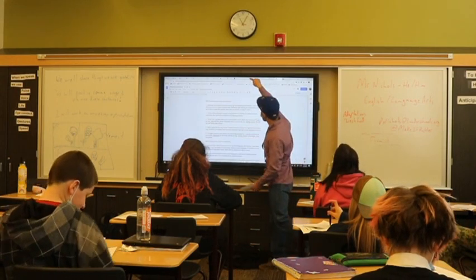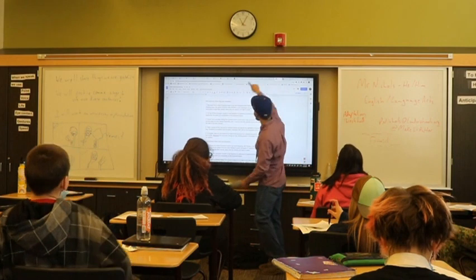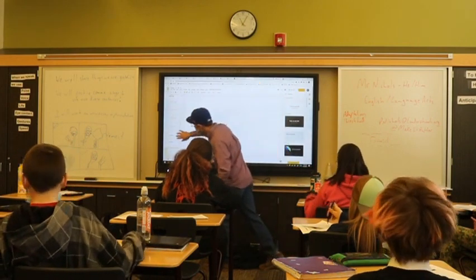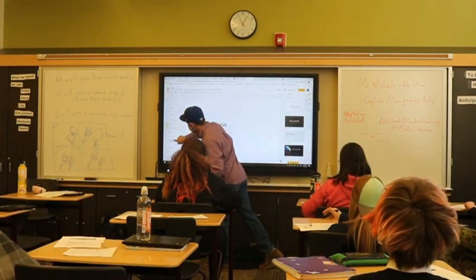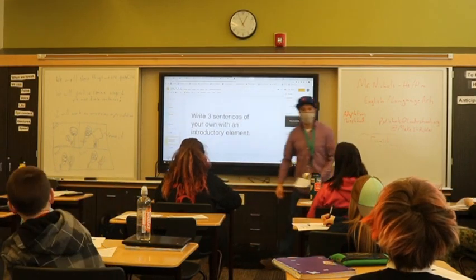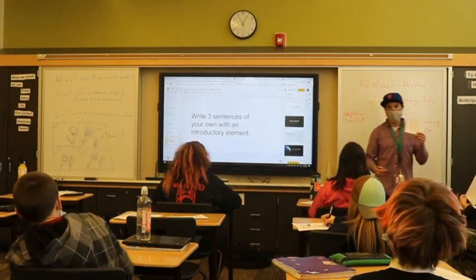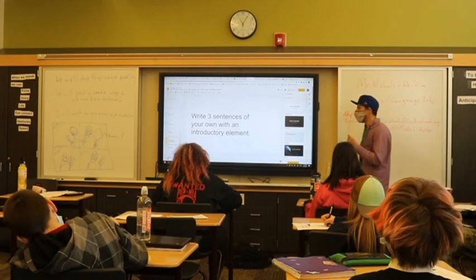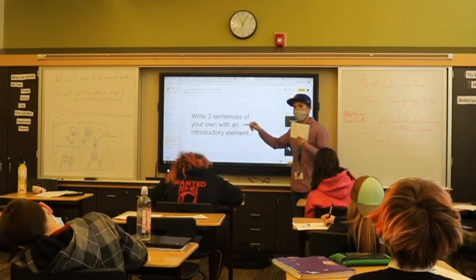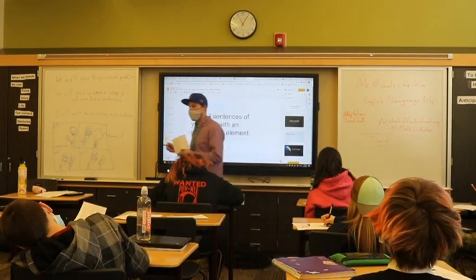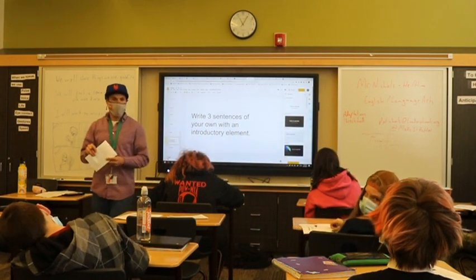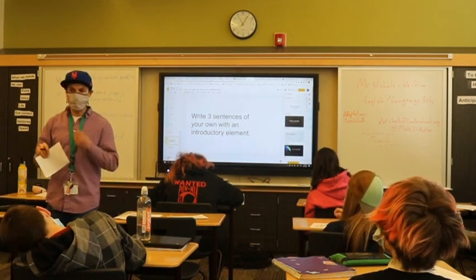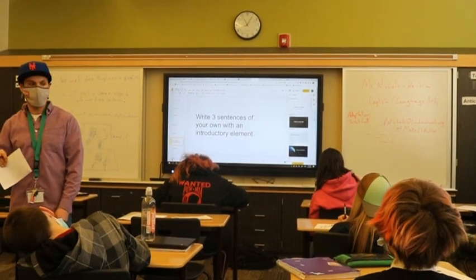We're going to move along, and we'll have another chance for questions, but what I want us to do now is flip over our sheets of paper. You're going to write 3 sentences of your own on the back, and use an introductory element in every sentence.